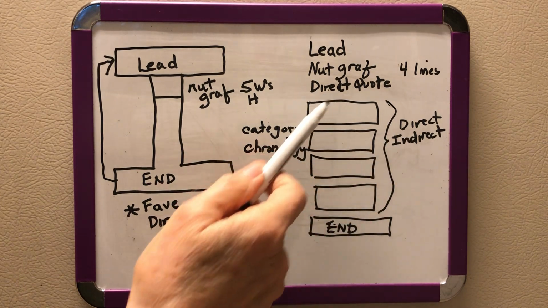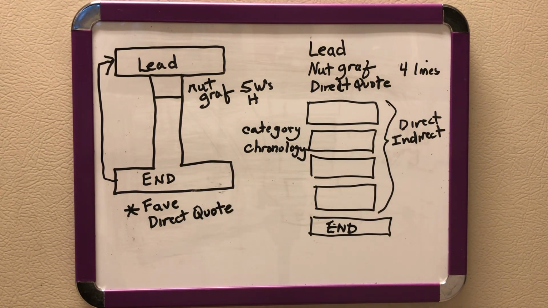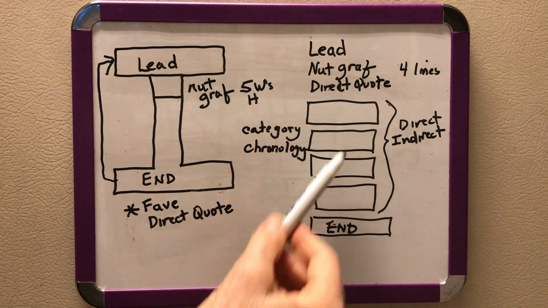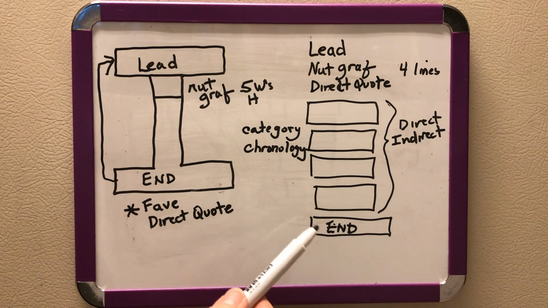Because by giving us the context, then we can really appreciate his good direct quotes. So you've actually done a lot of this already when you did the previous assignment about the hiker feature story.